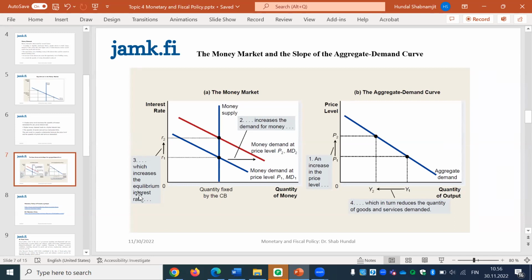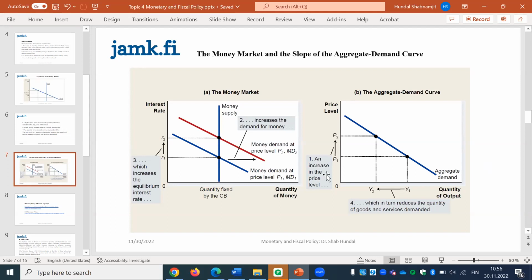And then you start debating, should I really go to the restaurant? Should I keep the money with the bank instead? So when the interest rate goes up, you plan to save more and spend less. As a result, you can see that the quantity demanded goes down. So there is a very clear-cut connection between the real economy and the monetary economy.